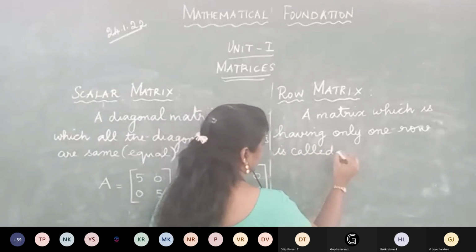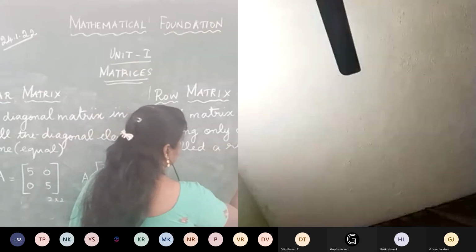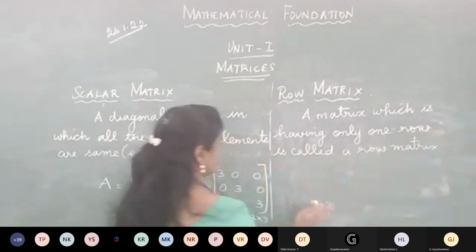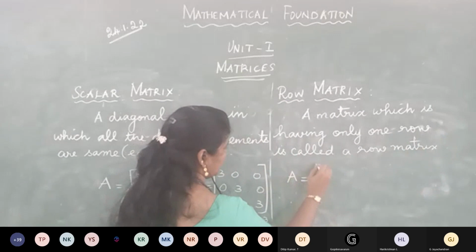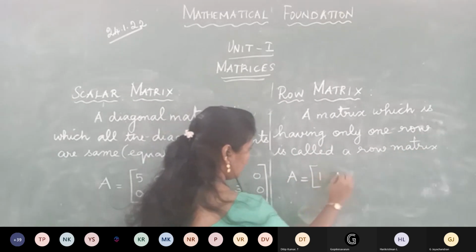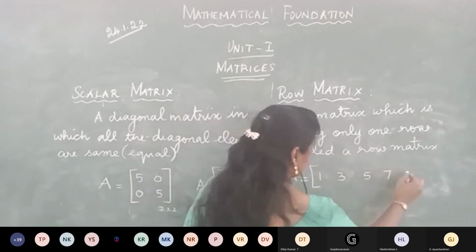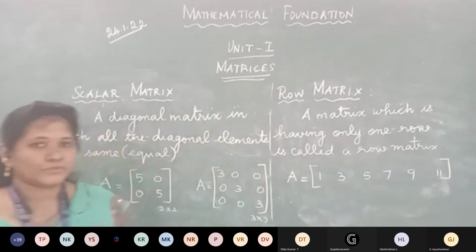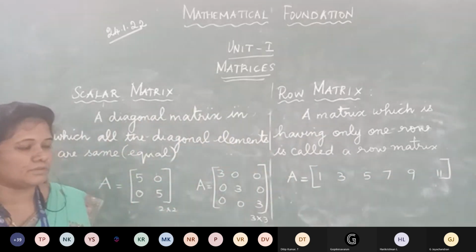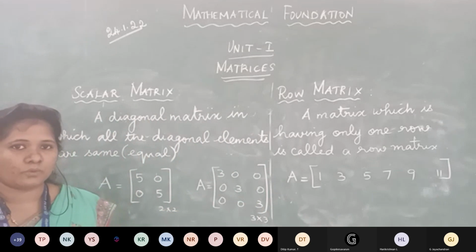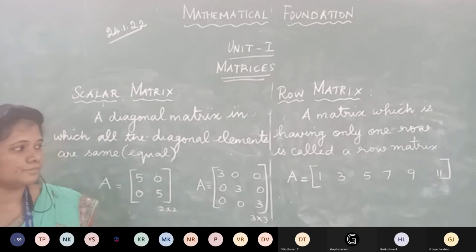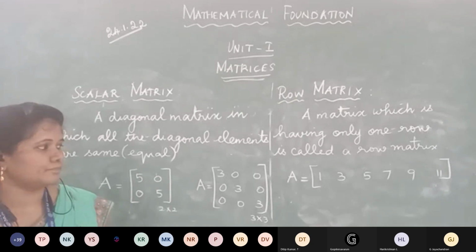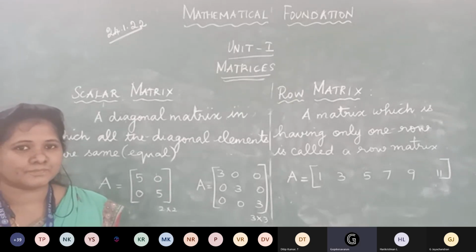For this, I will give an example like A is equal to 1, 3, 5, 7, 9, 11. So now tell me the order of this matrix. This has got one row and how many columns? 1 into 6.